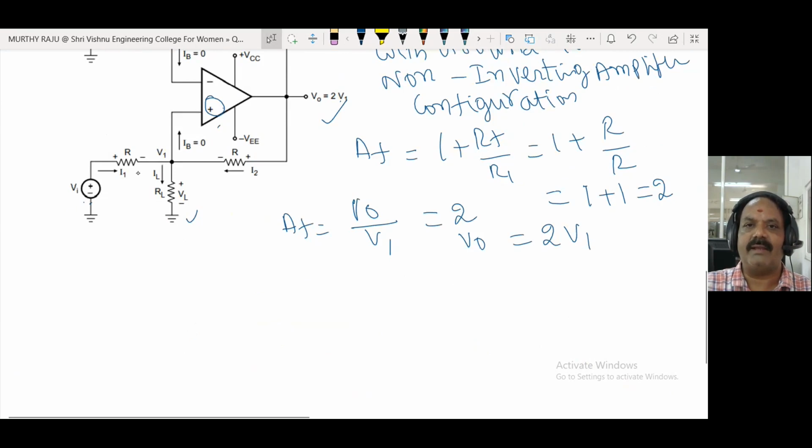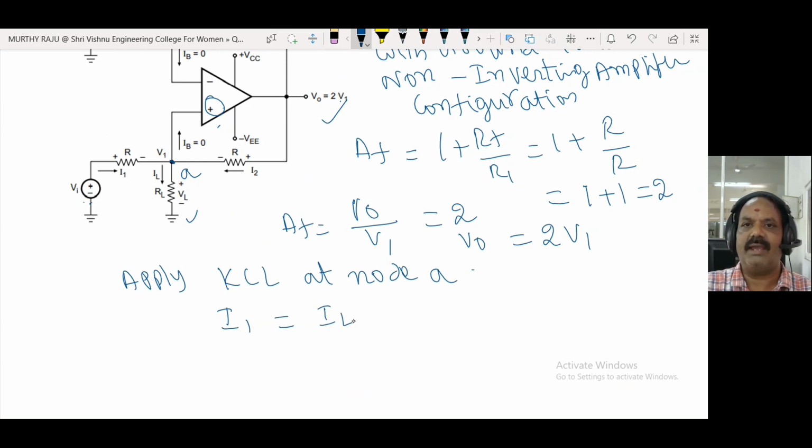Coming to this point, at this node A, apply KCL. Therefore, I1 plus I2 is equal to IL.